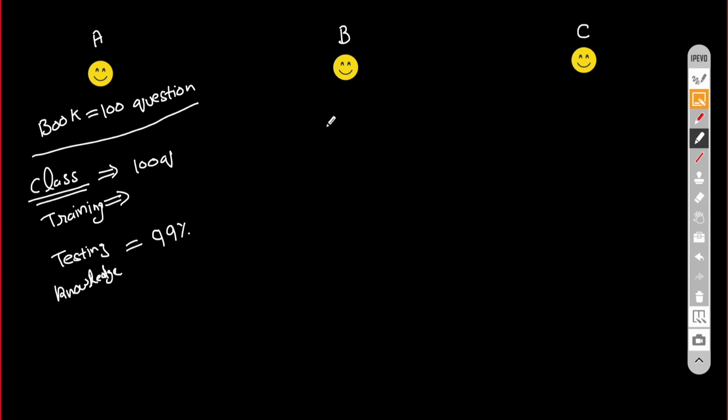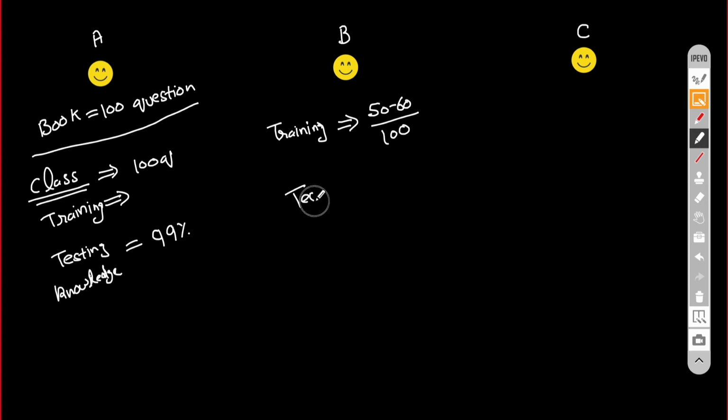Yes. Now the second kind of people we have, what are these students? When you are getting the training in the classroom, out of 100 questions this student understands only 50 to 60 questions, not even 60.